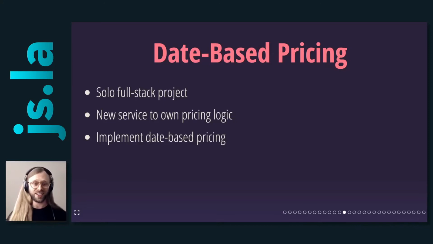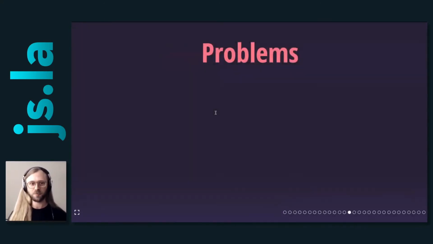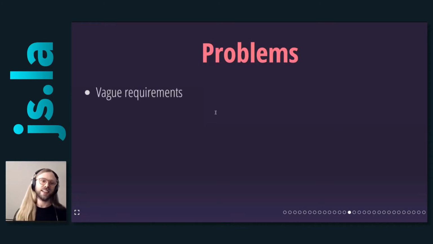Little did I know, there were many problems. Problems I was mostly clueless about, but slowly and painfully discovered as the project progressed. Naturally, the requirements were extremely vague, offering little to nothing in terms of acceptance criteria.